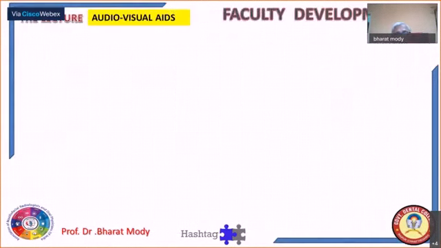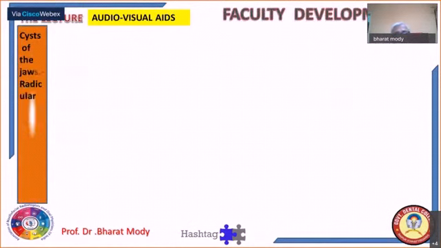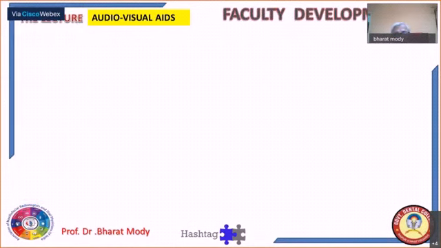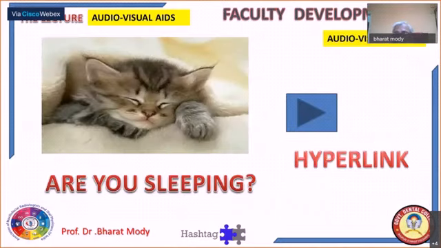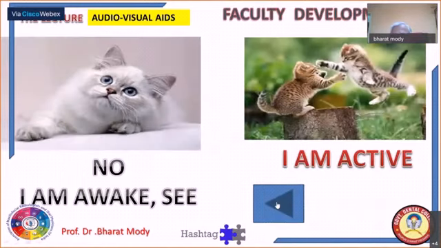Then that also can be done by giving different colors, and that way we'll be able to show the participant the different thing. Hyperlink can be possible. You can go ahead with hyperlink and you can go back.